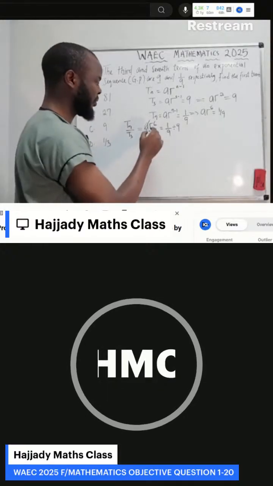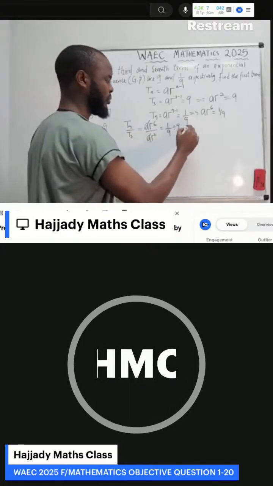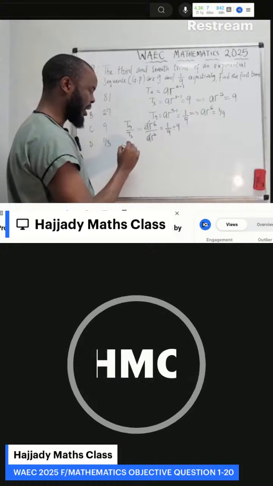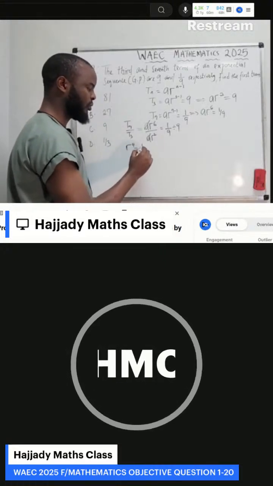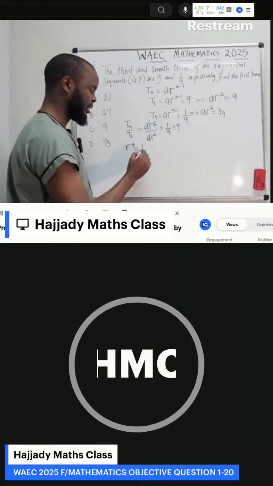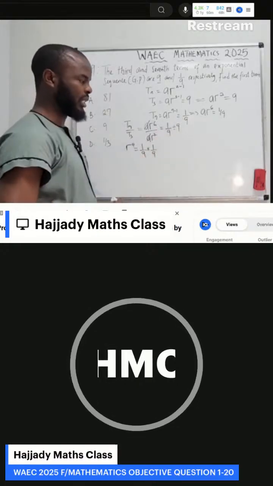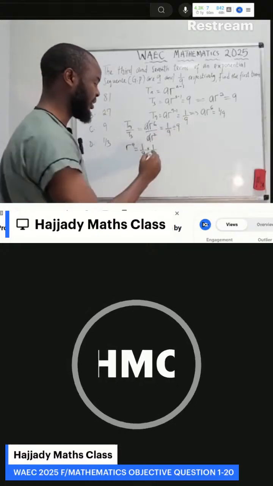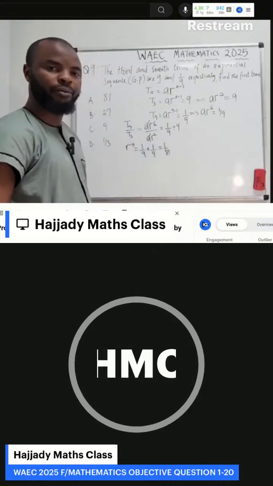So here we have r to the power of 6 divided by r to the power of 2. We have r to the power of 4 equals 1 over 9 times 1 over 9. Because if this turns to multiplication, you find the reciprocal, which is 1 over 81.